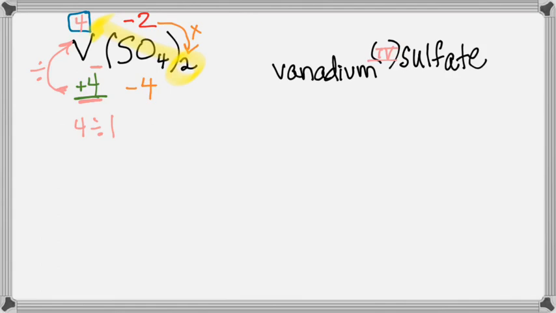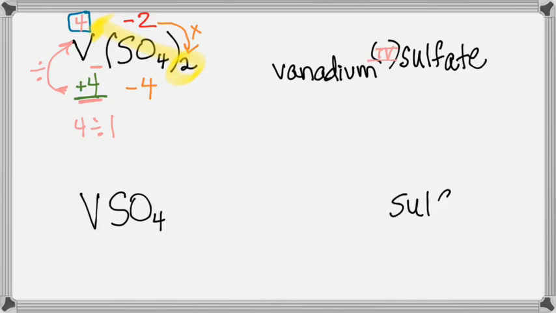Be aware of that. And let's look at one more example because this is also a common mistake. I'm going to pick a formula that is very similar. VSO4, which is not the same as what you see up there. There is definitely a polyatomic ion. It's the last 2.